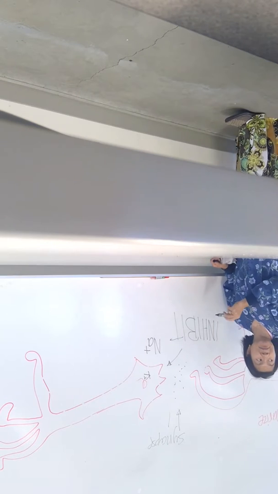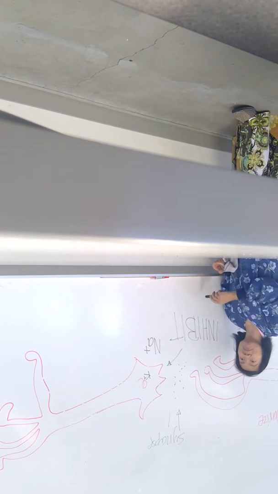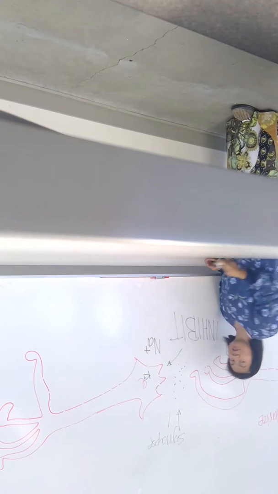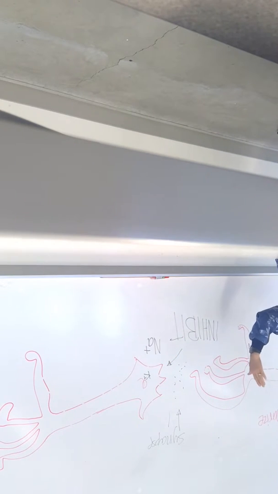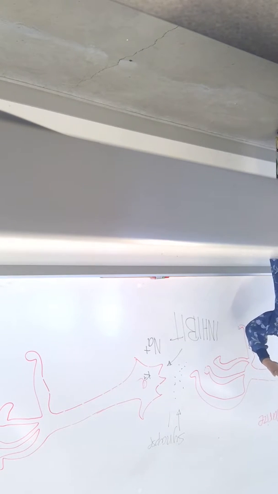Think, an inhibitory neurotransmitter, what do you think it will do? Will it make the postsynaptic neuron more negative or less negative? I think more negative, right? If you make it less negative, you're depolarizing. Less negative means going from minus 70 to minus 55.